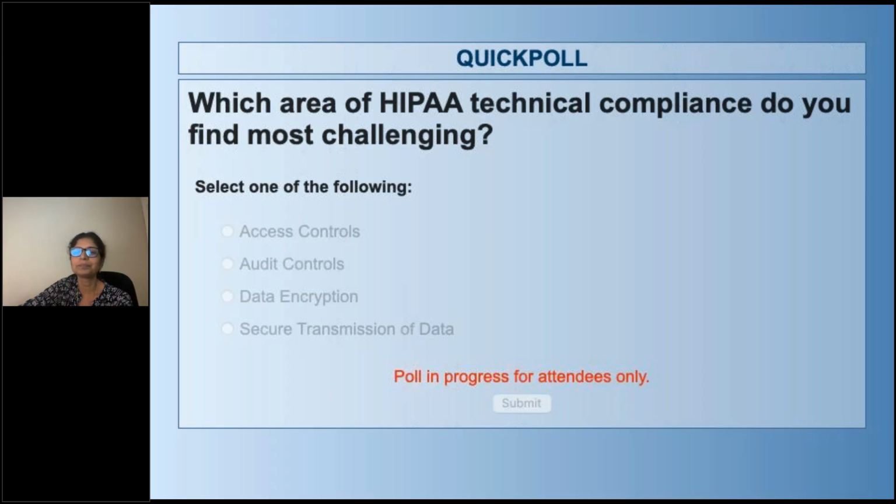Awesome. I should have had all of the above too, right? Everything is important, but audit controls would catch all of these issues. Thank you for taking up this poll. I see 100% has voted for audit controls as most challenging. Okay, let's address that also.